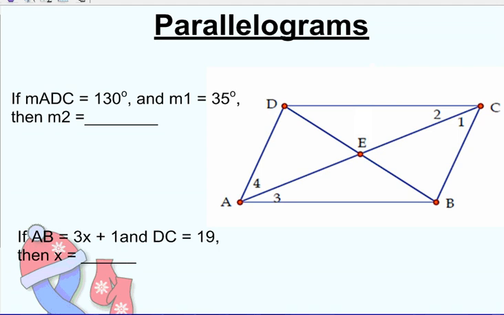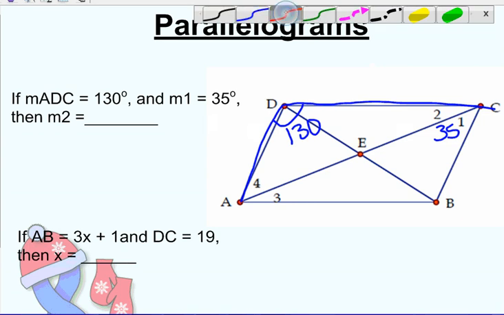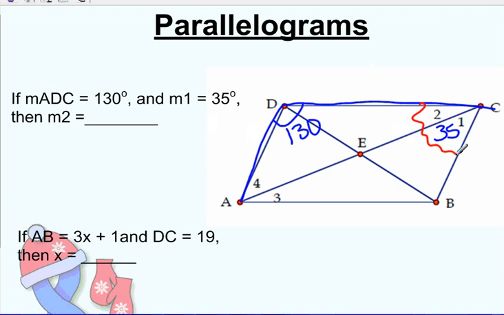Okay, so we have the measure of ADC equals 130 degrees. So ADC again, this time it's 130. Okay, the measure of angle 1 is 35. Then what is the measure of angle 2? So this is a multi-step problem, right? So we know that consecutive angles are going to be supplementary. So we know that angle D here is 130, and we need to find angle C, right? That means they would add up to be 180.